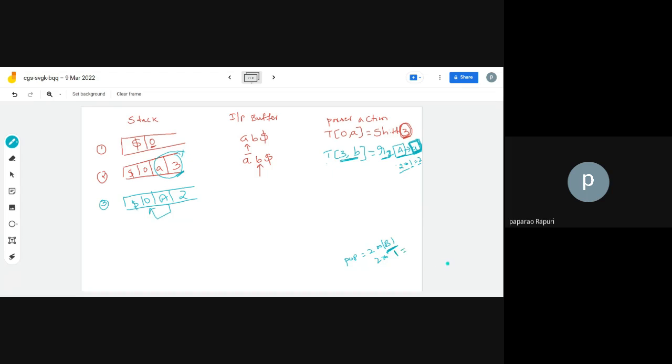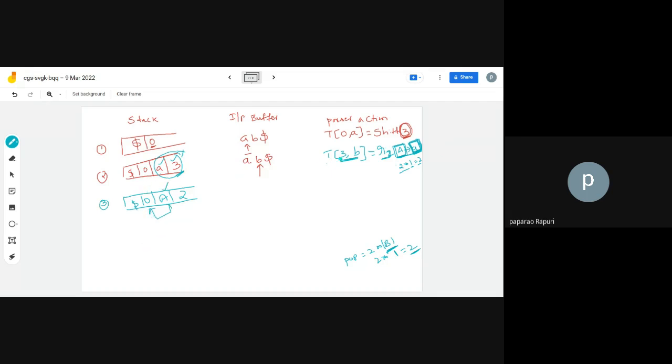So that's why that is 2. So we need to pop 2 symbols from the top of the stack. Here the 2 symbols are 3 and A. We popped these 2 and pushed the left hand side non-terminal. What is the left hand side non-terminal in the given production? A. So here we pushed A.